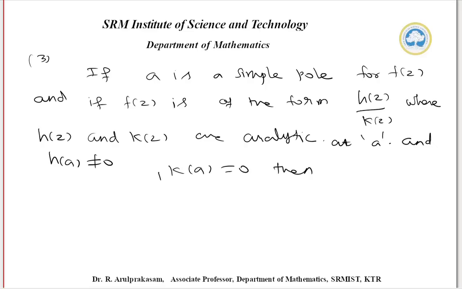Then the residue at a is h of a divided by k dash of a.